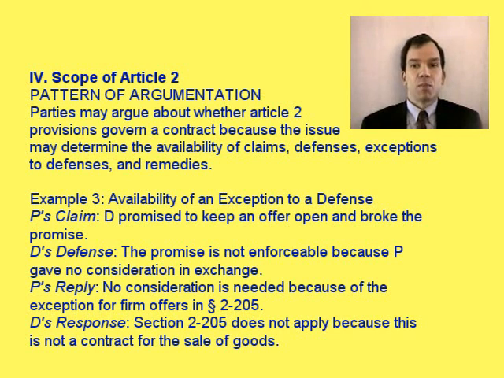The defendant then might respond, well, Section 2-205 does not apply because this is not a contract for the sale of goods. In other words, whether something is a contract for the sale of goods is often an element of a particular claim, defense, exception to defense, or remedy. And so it's something that the parties will argue about, just like they might argue about any other element of a rule.